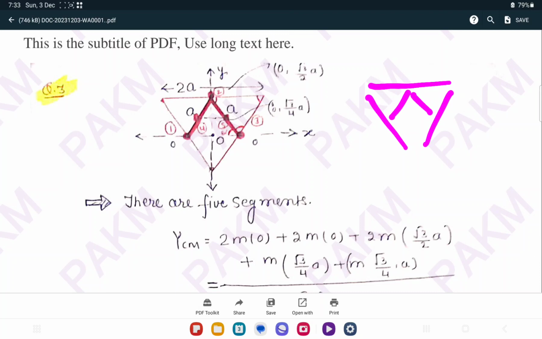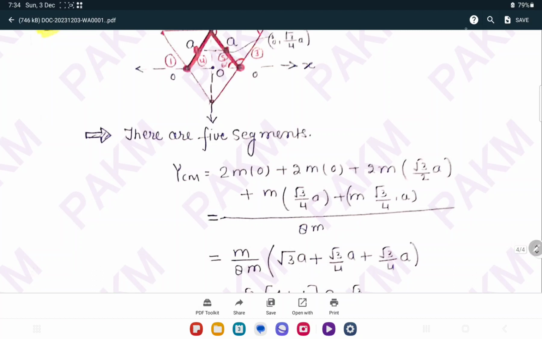If you are able to locate all the bodies' centers of mass, clear, like here we can say the center of mass of the respective bodies. If you locate them quickly and get the coordinates, once again you have to use the formula that we are using quite frequently. This is the formula that we are talking about. After locating, you can directly use the formula and get your answer.